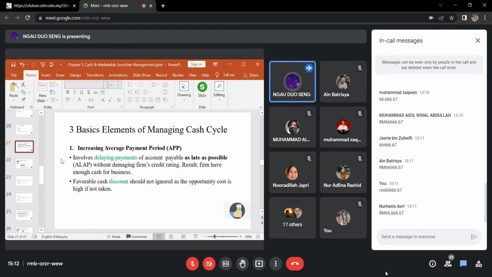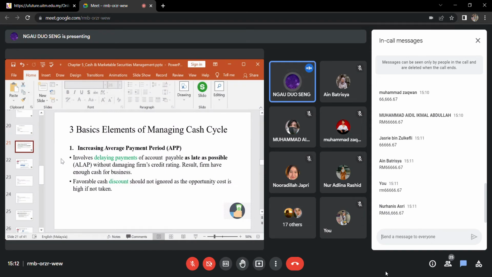So untuk bayaran, so they suggest that you increase the average payment period. Maksud dia, you tunggu sampai last day baru bayar. So if the suppliers give you 30 hari, you bayar pada hari yang ke-30. Jangan bayar awal, right?